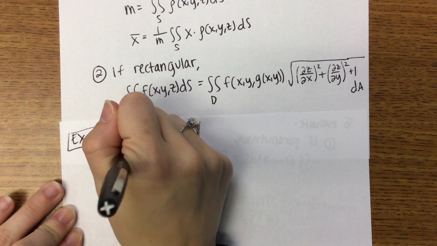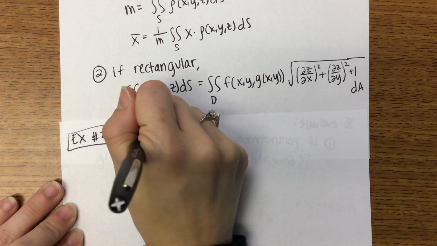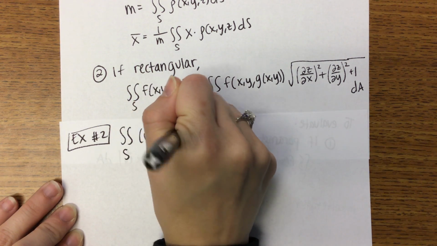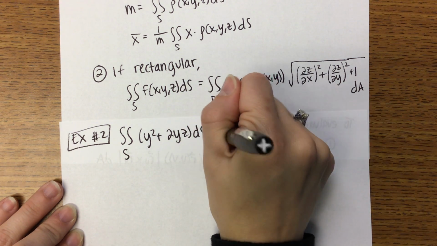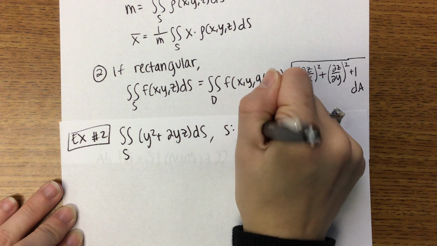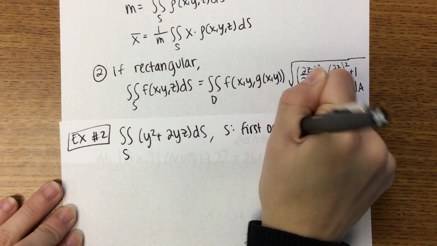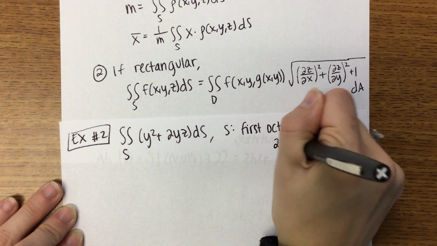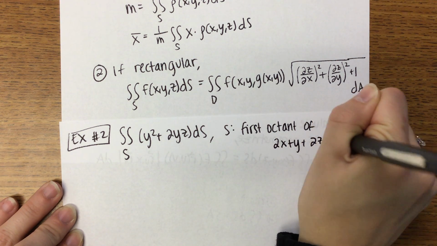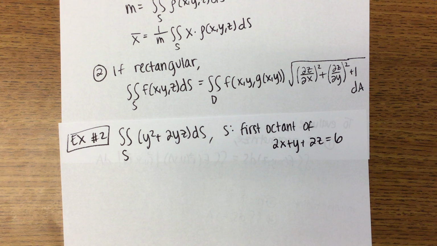We're going to take the surface integral of y squared add 2yz ds, where s is the first octant part of 2x add y add 2z equals 6.